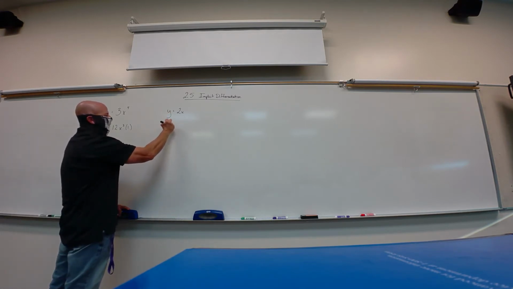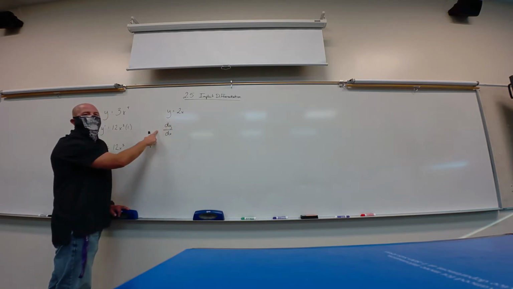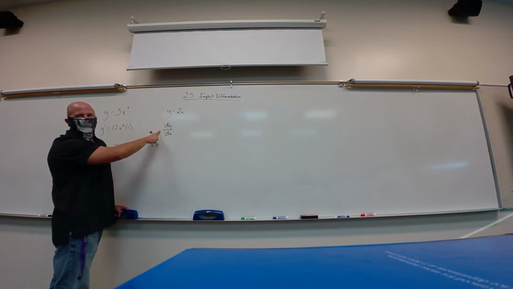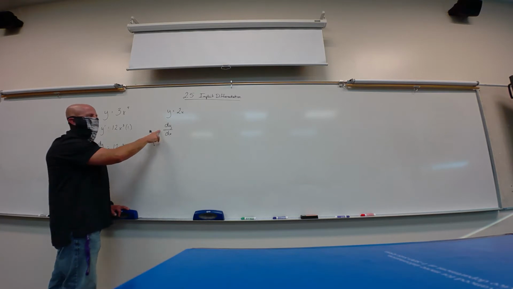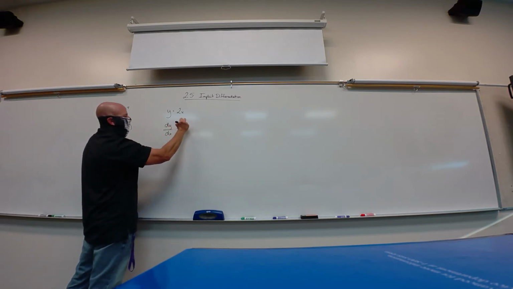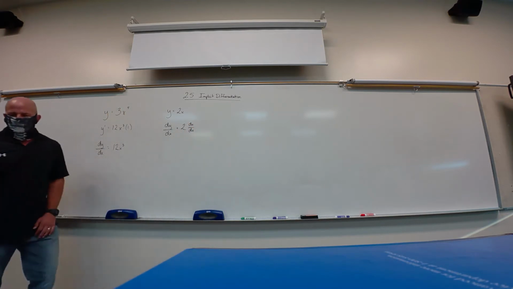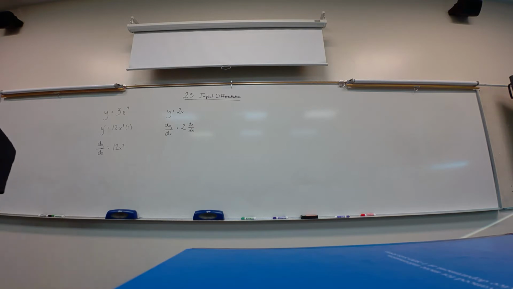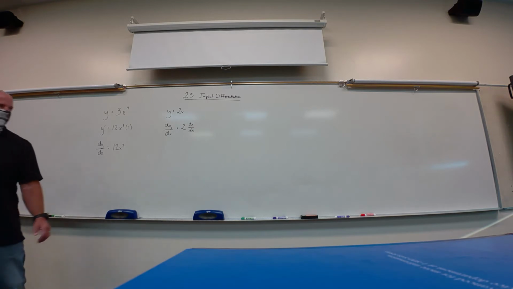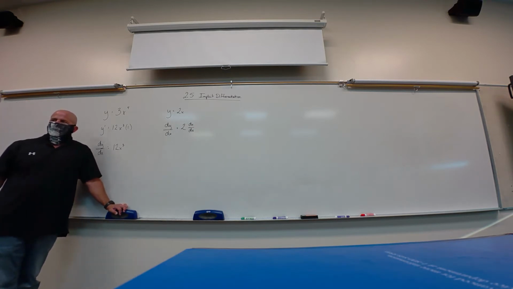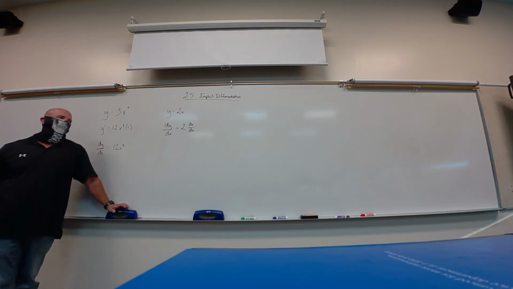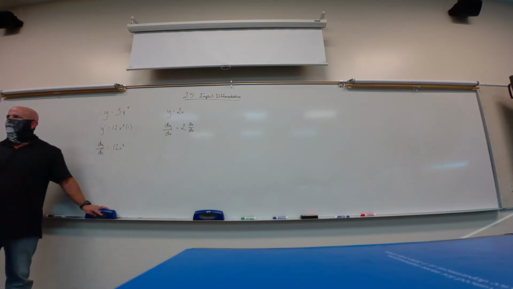Technically, it's this. dy/dx, I took the derivative of y with respect to x on the left side, equals 2 dx/dx. I took the derivative of x with respect to x on the right side. Now, what would dx over dx equal? 1. So it's still going to be a 2, right?